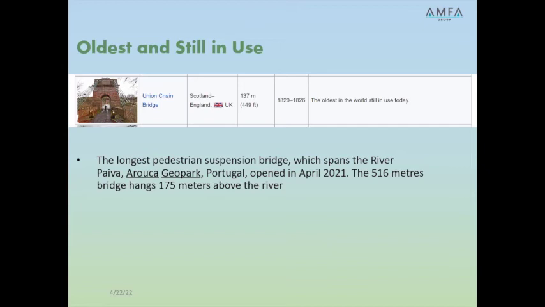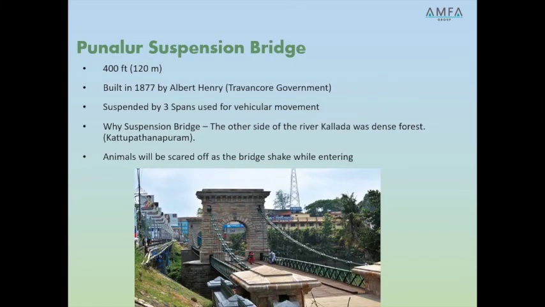The longest pedestrian suspension bridge can be seen in Portugal. This is another suspension bridge, from Punalur in Kerala, 120 meters long, built in 1877. The purpose of this suspension bridge was mainly to prevent animals from entering the land.